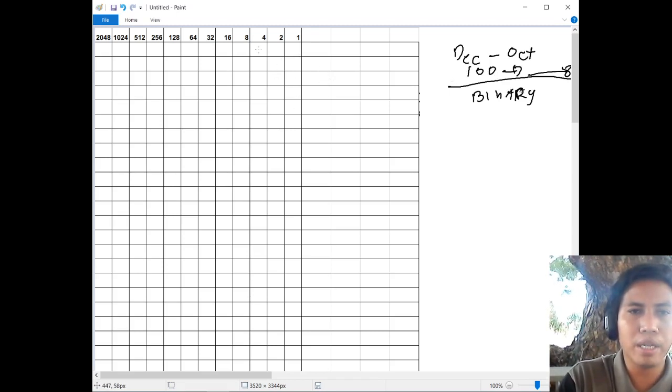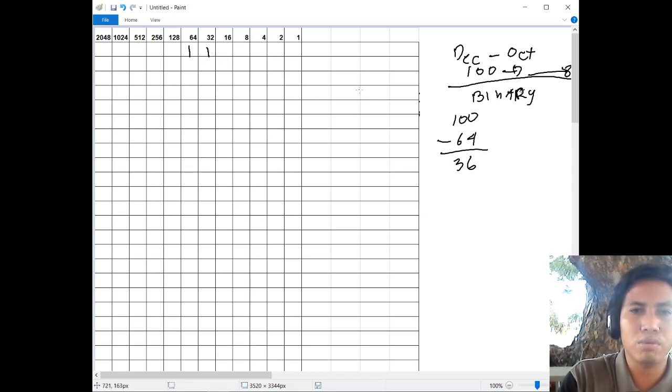So we have 100. Among the powers of 2, which of them is closest to 100 but less than 100? That is basically 64. Then 100 minus 64 is 36.